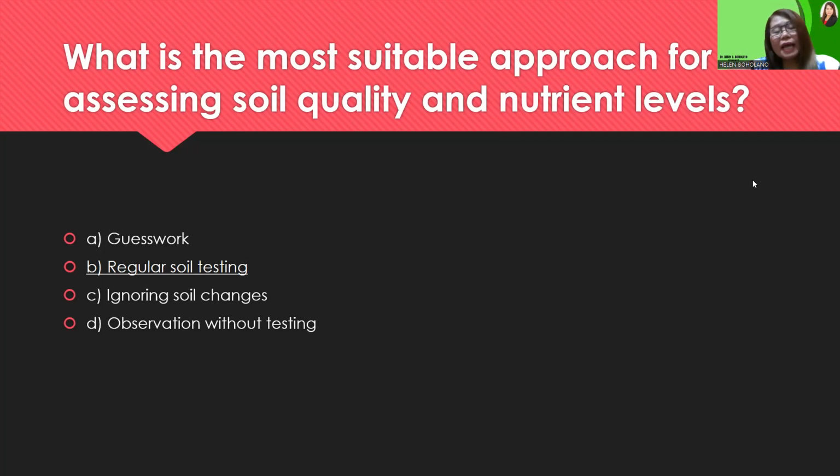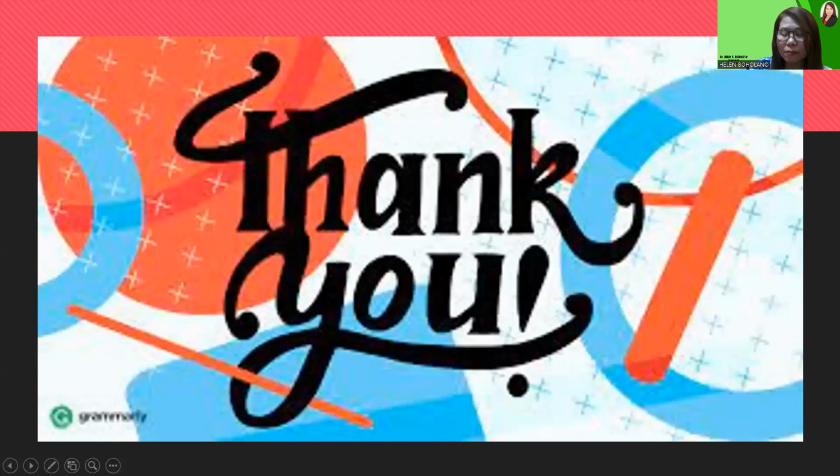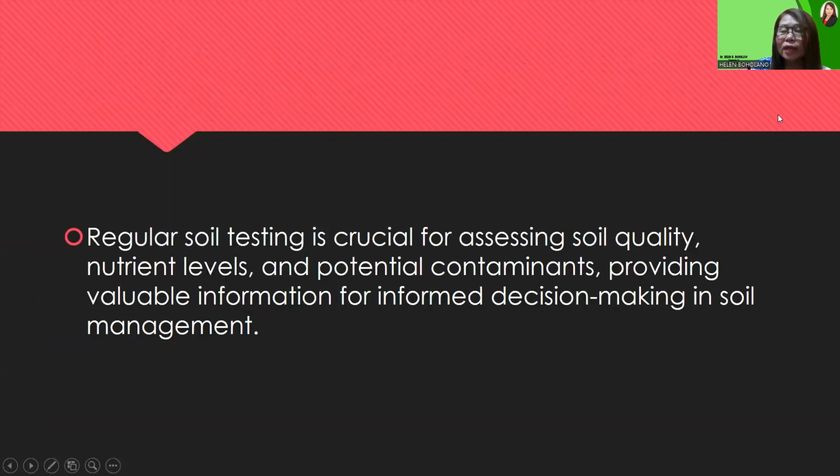Okay, the right answer is regular soil testing. Thank you so much. Regular soil testing is crucial for assessing the soil, no? Sorry po. So assessing the soil is very, very essential in order to determine the soil nutrient levels and potential contaminants, and providing valuable information for informed decision making in soil management.